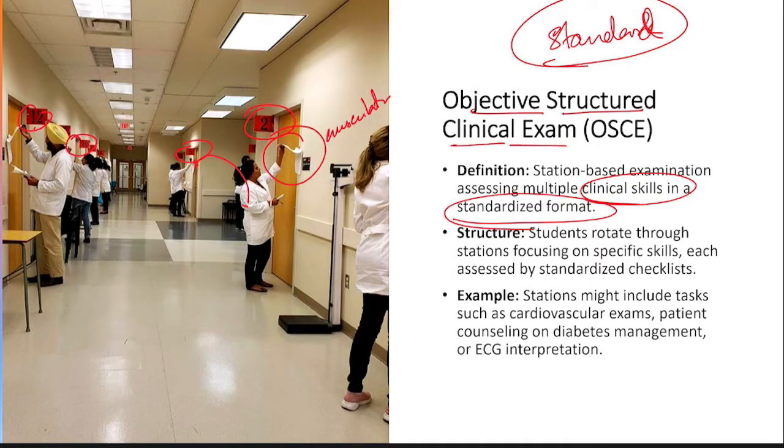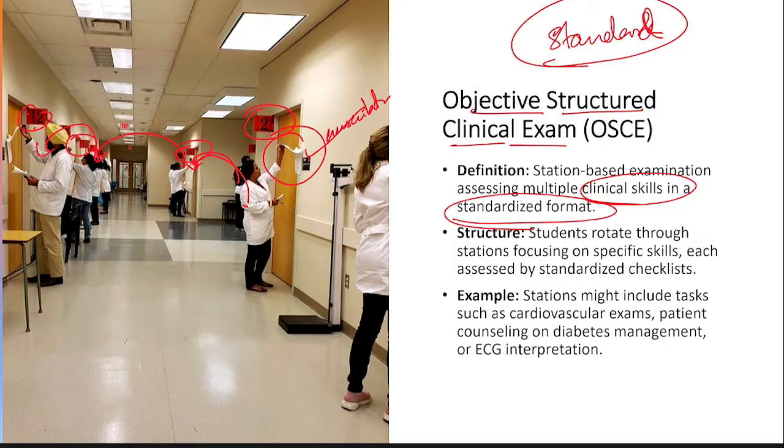So these stations are available, and the student rotates. After completing one station, she or he will rotate to the next, and so on. The complete rotation is done, and every student gets an opportunity to answer all the stations.